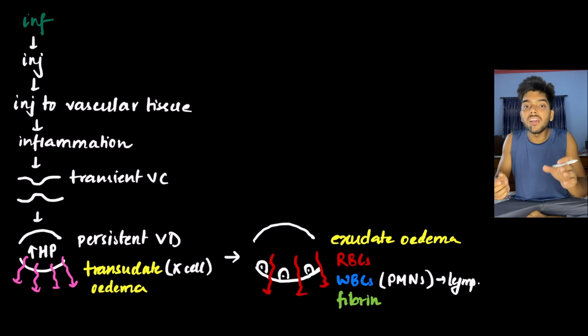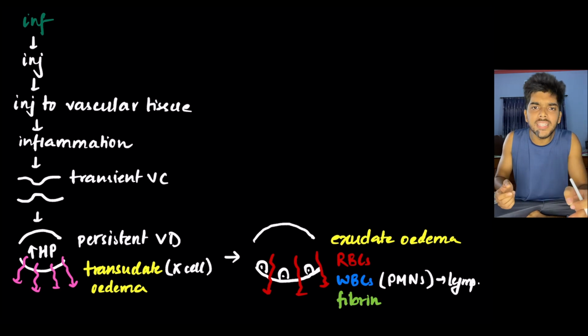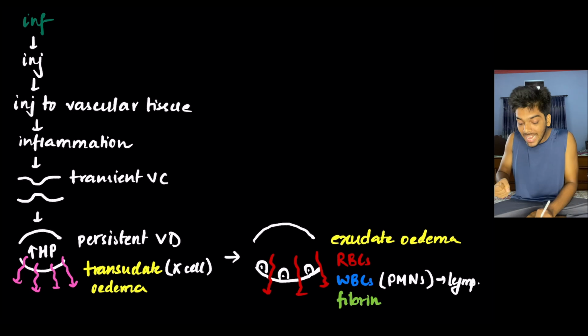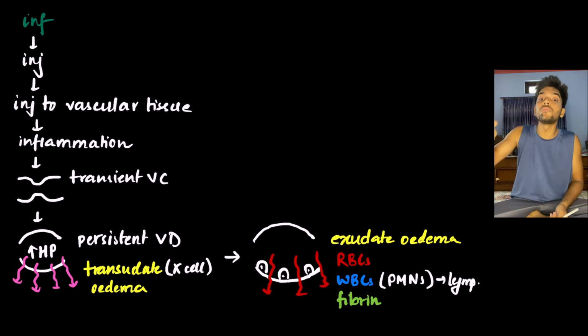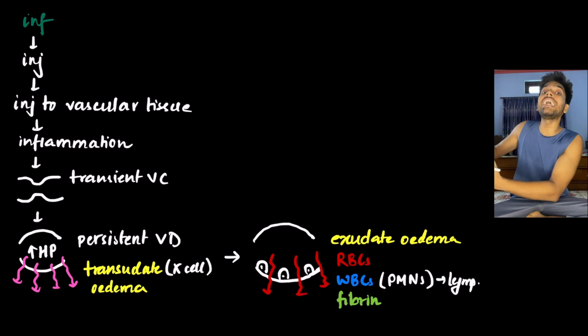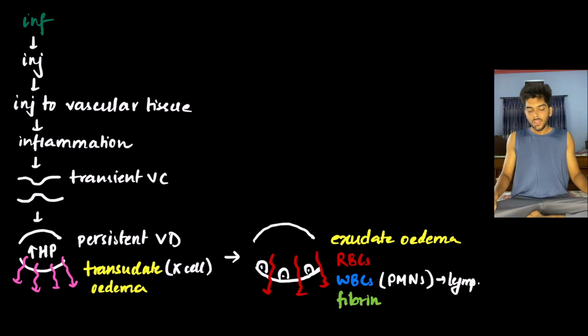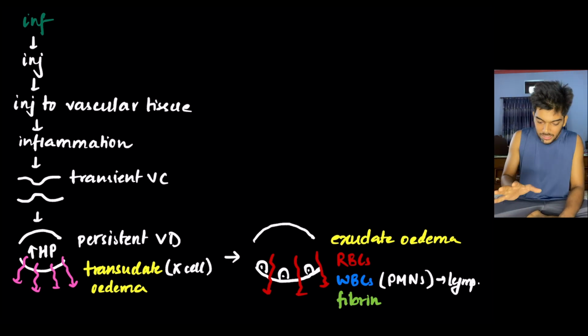So transudate contains fluid with no to little cells. Exudate contains fluid along with lots of cells. The cells are red blood cells and white blood cells. The white blood cell that comes first during acute period of time is neutrophil, and the white blood cell that comes later after chronic period of time is lymphocyte.